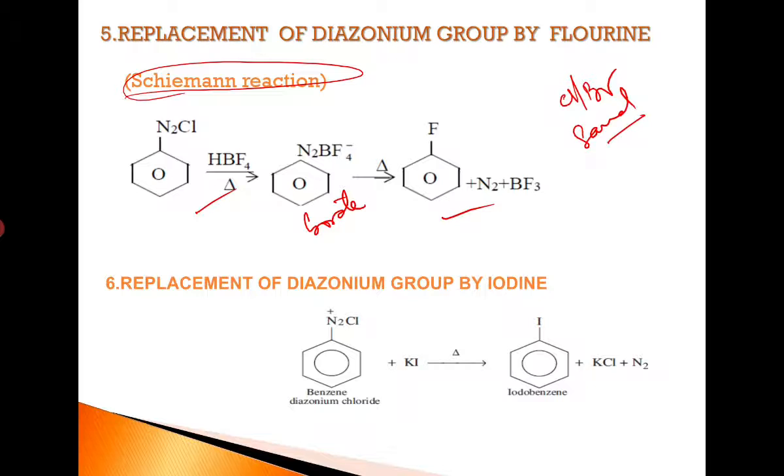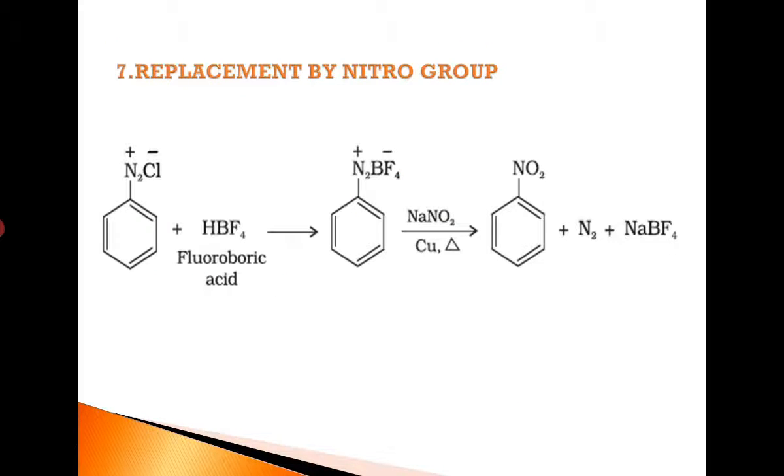When benzene diazonium chloride is treated with aqueous solution of potassium iodide, iodobenzene is obtained, that is, the diazonium group is replaced by iodine group. And in all these reactions nitrogen gas is evolved, with the evolution of N2.